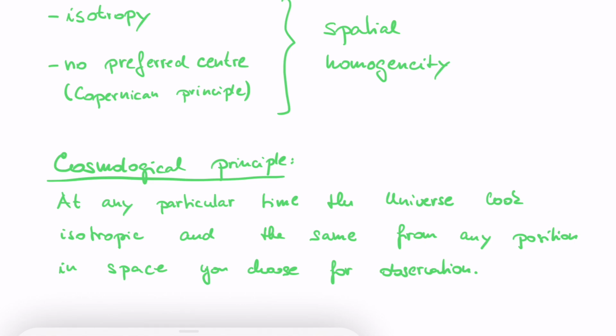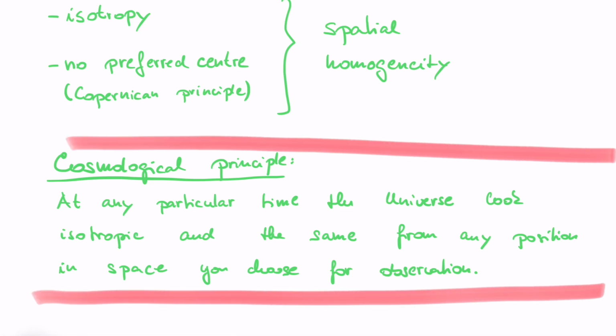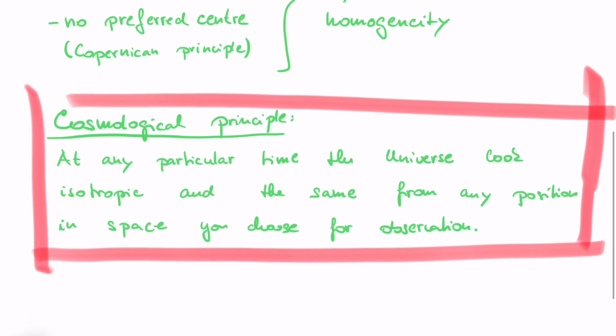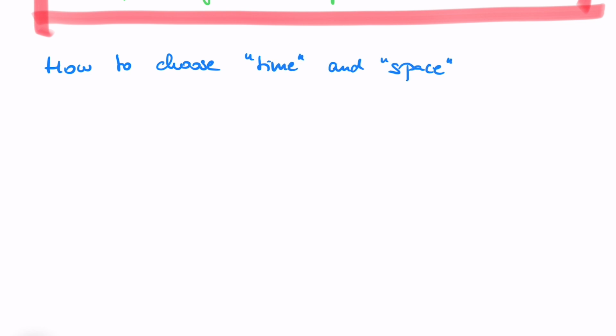This now brings a problem, because the principle is formulated so that we refer to some time global for the whole universe, and I also have separated space from the time. But we are in relativity, so they must be coupled, and we know that there is no global inertial frame. So we have to say a little bit more about what is actually meant by the time and space.